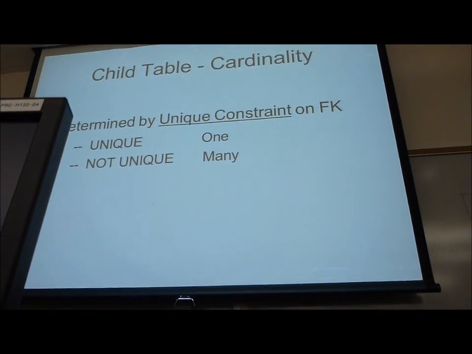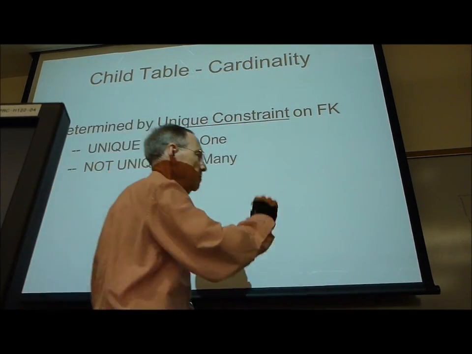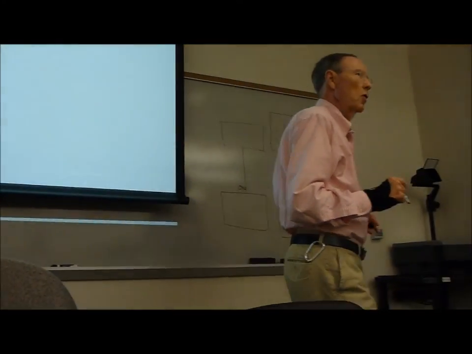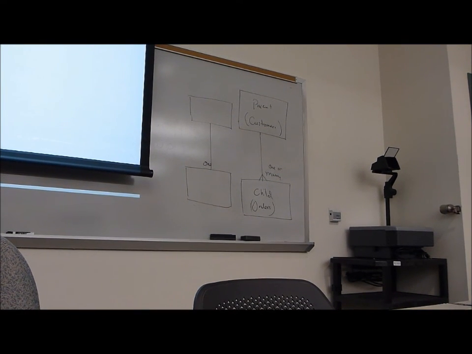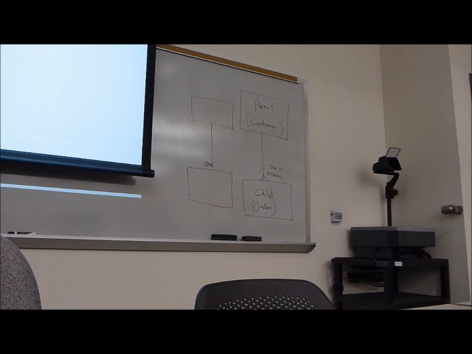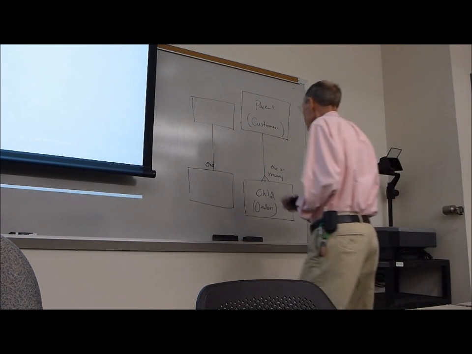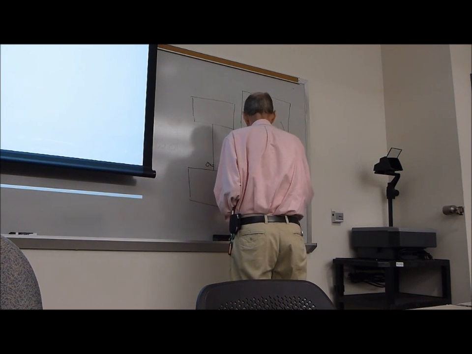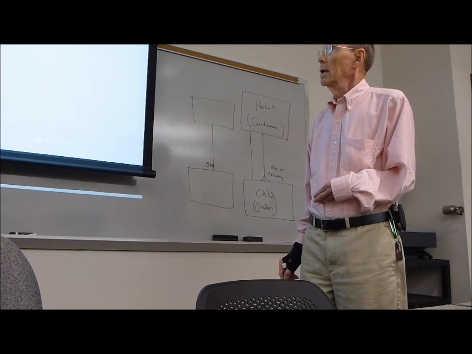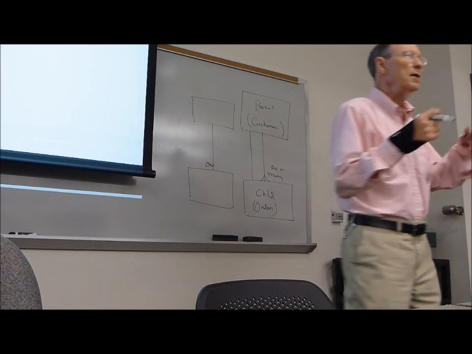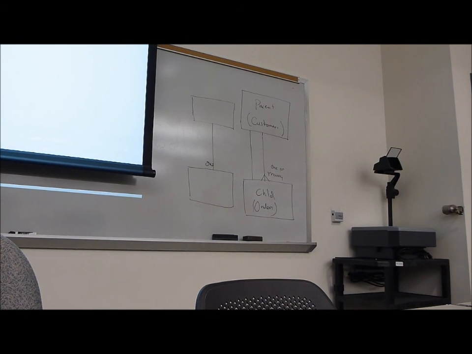Now think about this a minute. If I said, customer, you can only have one order at a time. We don't want to get confused. So if we say a customer can only have one order at a time, in other words, the diagram relationship is going to look like that, then if we put a unique constraint on the foreign key, what does that do?